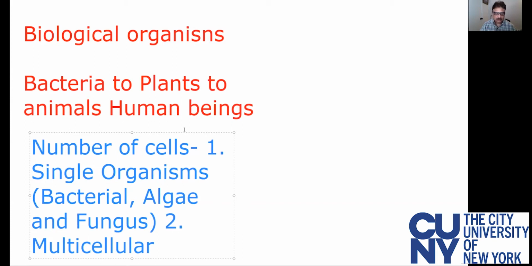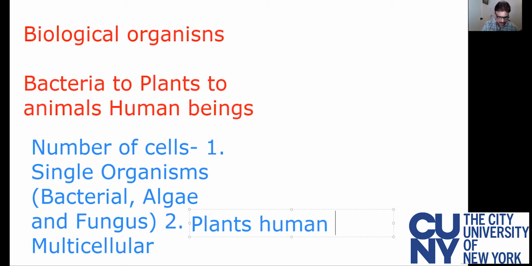Now, in fact, fungus could also be multicellular. And the second would be multicellular, such as plants, such as human beings. So this is one way by which we can organize living organisms.